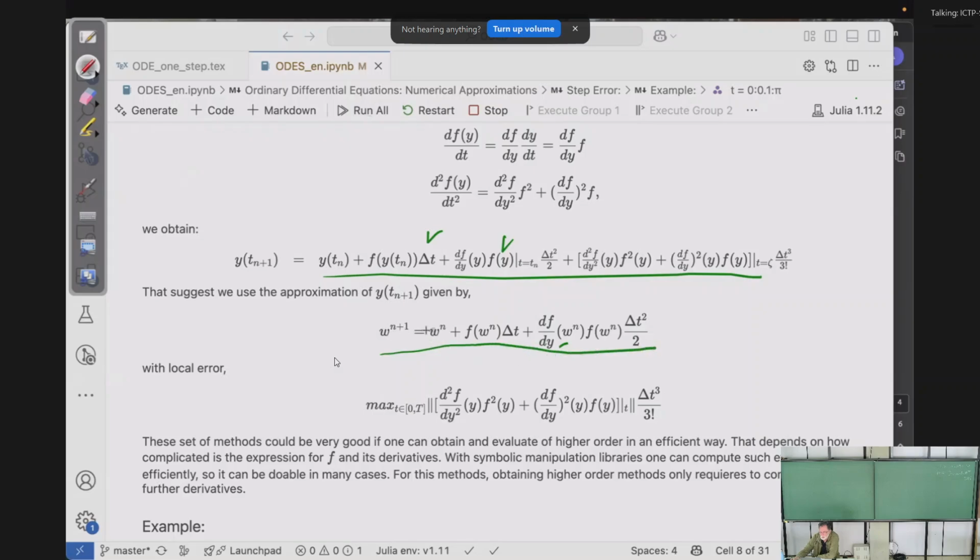So Wn plus 1 is Wn plus, this is Euler's, this first thing, and then you have this. But of course, to compute this, you need to compute all the derivative of f with respect to y. So here there are two computations. You have to compute f in omega n, and then you have to compute this in here.